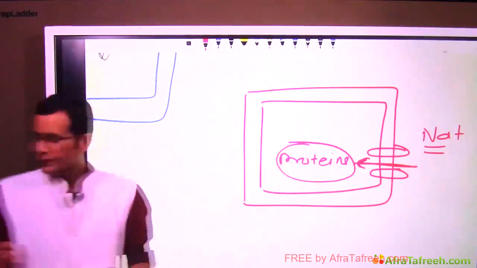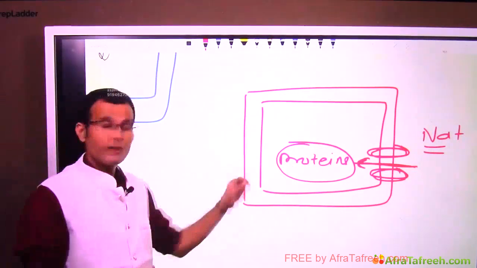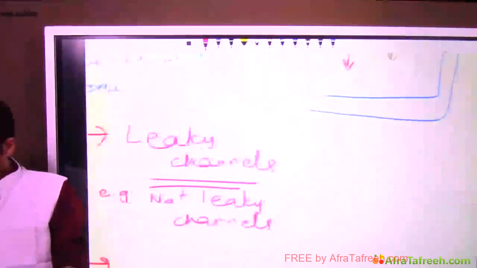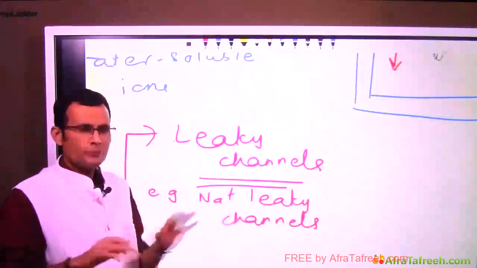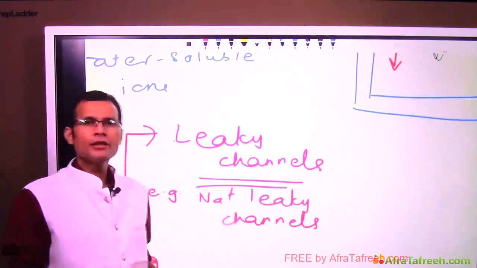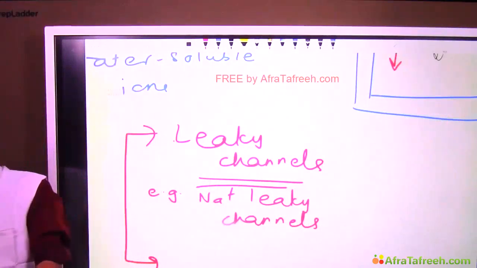through these leaky sodium channels. Okay, well, it does not stay there. What happens to this sodium, we will see that later, but this has to be kept in mind that sodium is continuously leaking into all the cells of the body through the leaky channels.